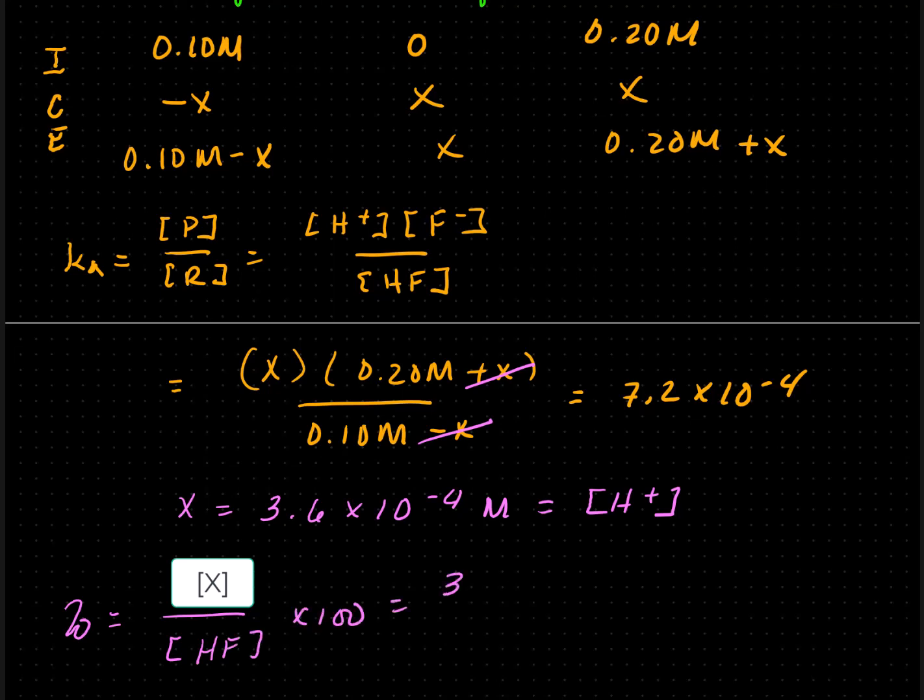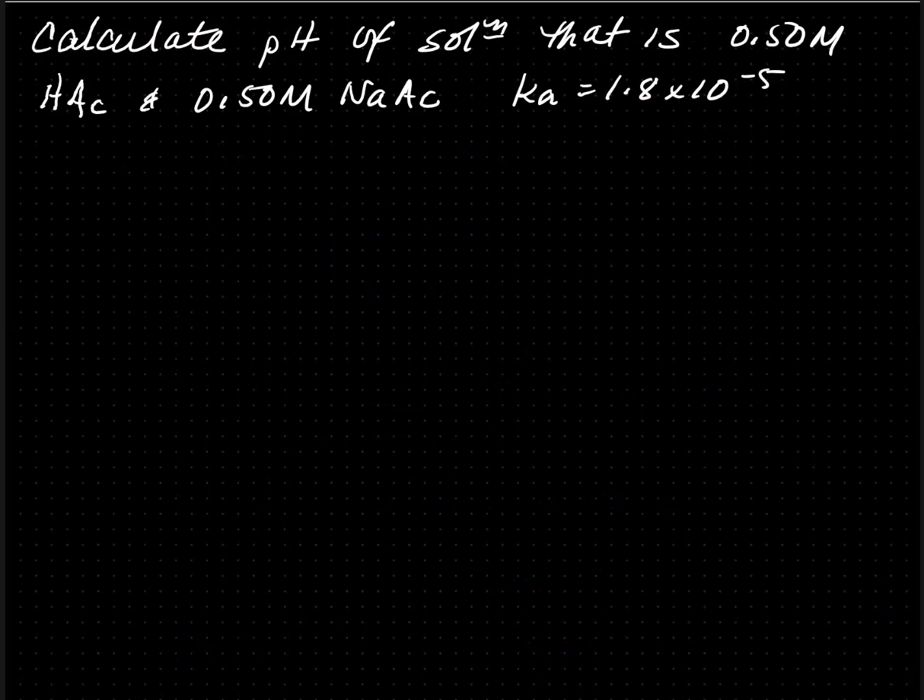This is equal to 3.6 times 10 to the negative fourth molar divided by 0.10 molar times 100, which equals 0.36%. The 5% rule is valid because this is not even equal to 1%.